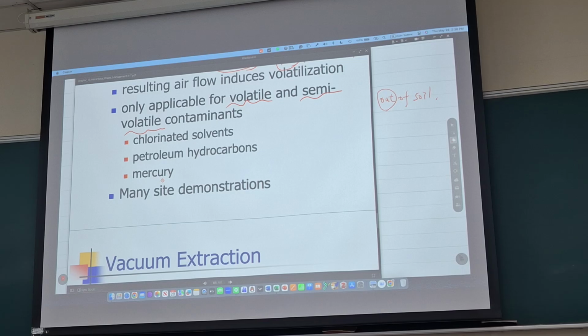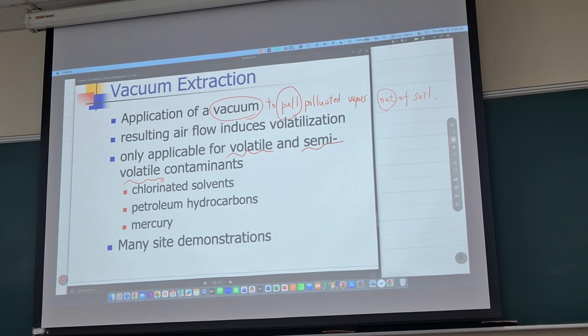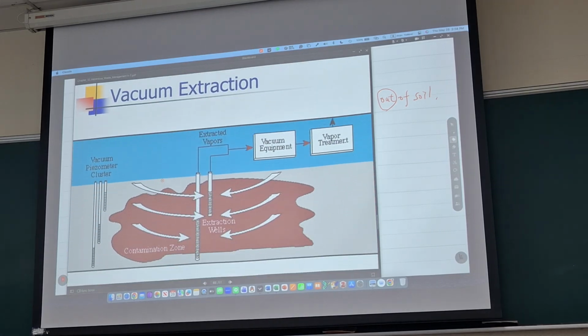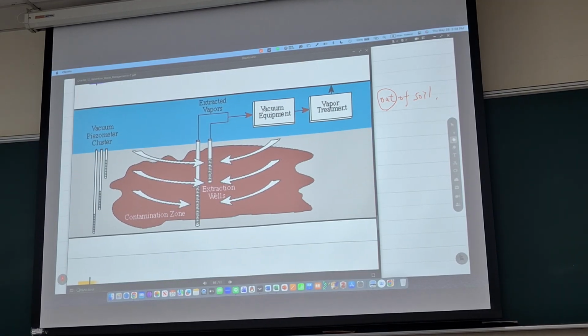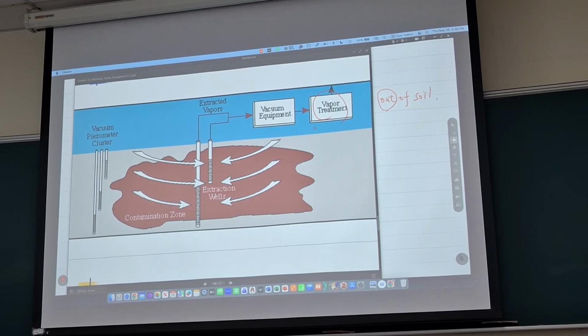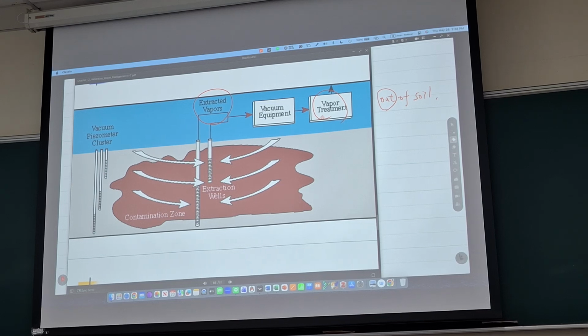Now many site demonstrations around the world use this vacuum extraction, just like this cartoon, right? So we use vacuum to extract the vapors. And you also need some vapor treatment facility to treat the vapor.